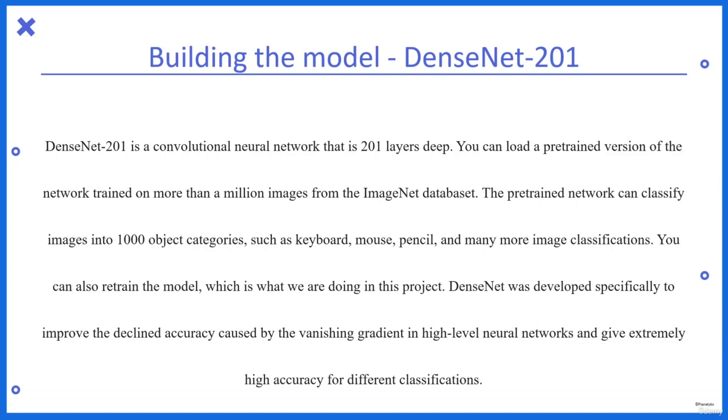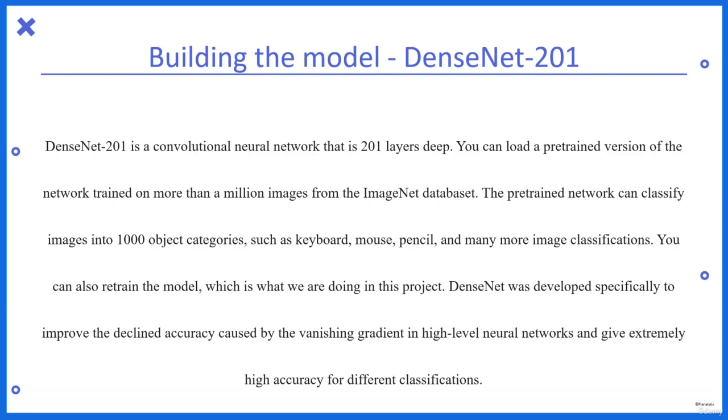Now, DenseNet was developed specifically to improve the declined accuracy caused by the vanishing gradient in high-level neural networks, and it gives extreme accuracy for different classifications. But it is to be noted that DenseNet is a very complex and very dense layered neural network.